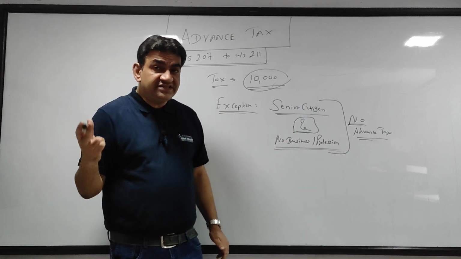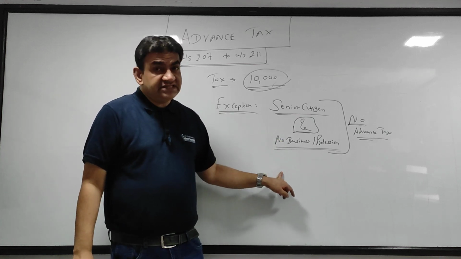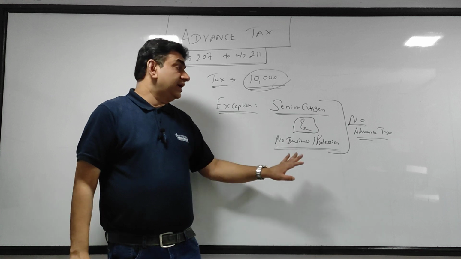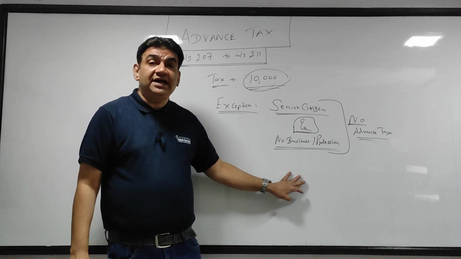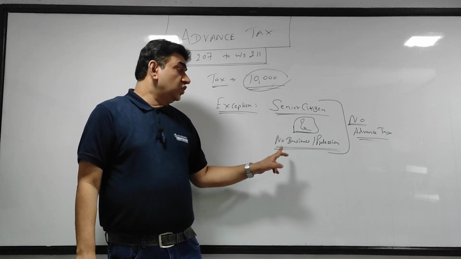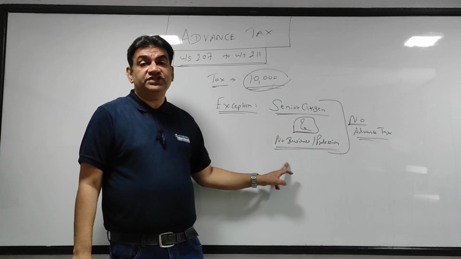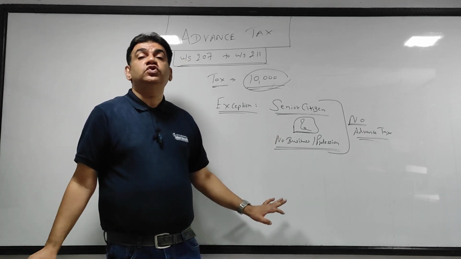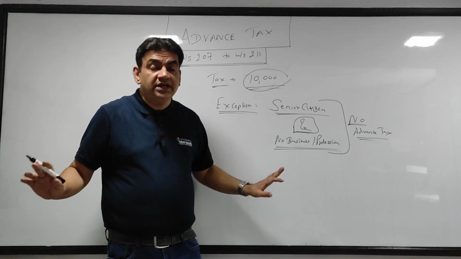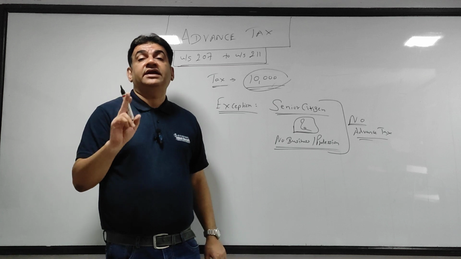Now if you are a senior citizen and you have business income, then even if you are a senior citizen, you will have to pay advance tax. But if you are a senior citizen and you don't have any business profession income, then you will be excluded, you will be an exception and need not pay advance tax.